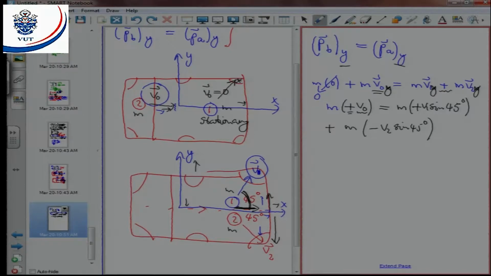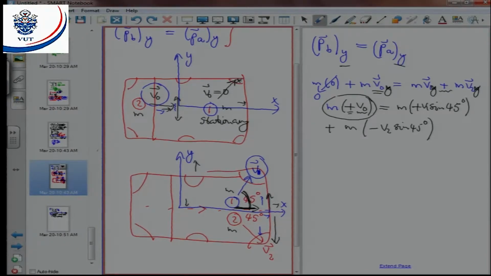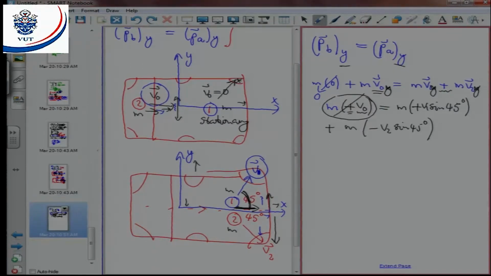Okay, so we were looking at the y, so this term over here should be 0 because we don't have a y component for the initial speed. The initial speed is only in the x direction, so that term shouldn't be there, it should be 0. My mistake, apologies. So this term is just 0 because we are looking at y.